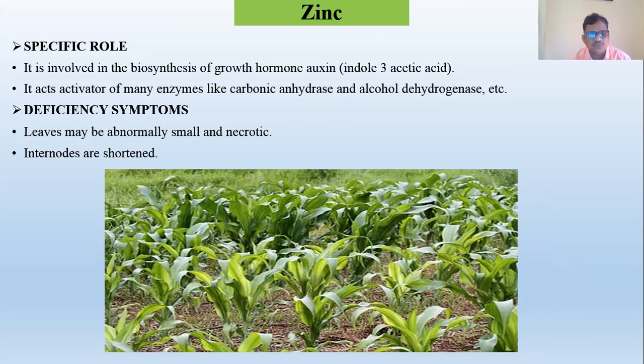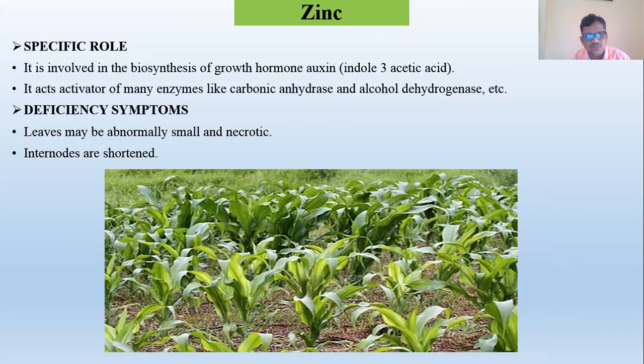In the absence of it, there will not be proper synthesis of auxins. Second important point, it acts as an activator of many enzymes like carbonic anhydrase and alcohol dehydrogenase.